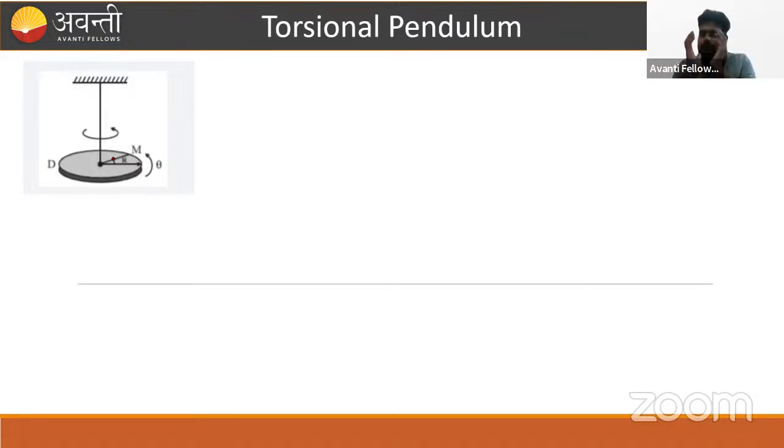After an ample amount of torque, we get the twist. This twist is known as the angle of twist, and it is proportional to the torque applied. So this torque is proportional to theta.